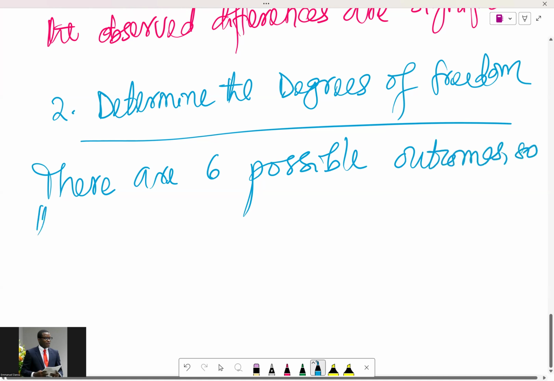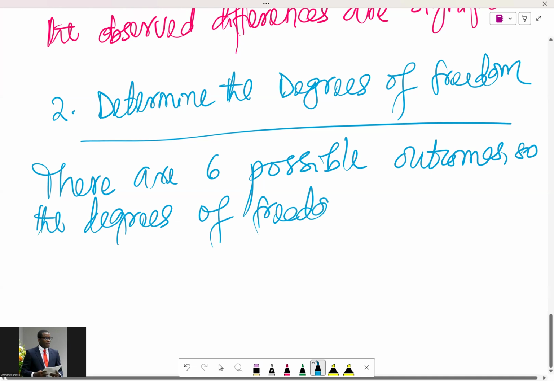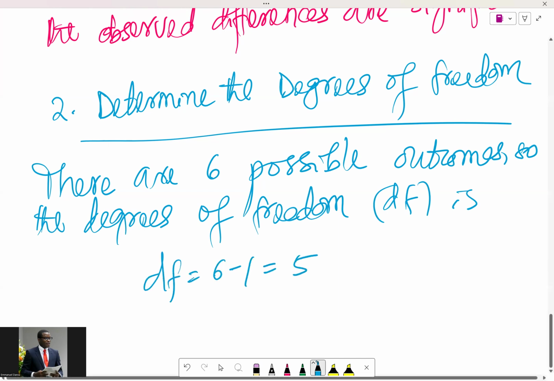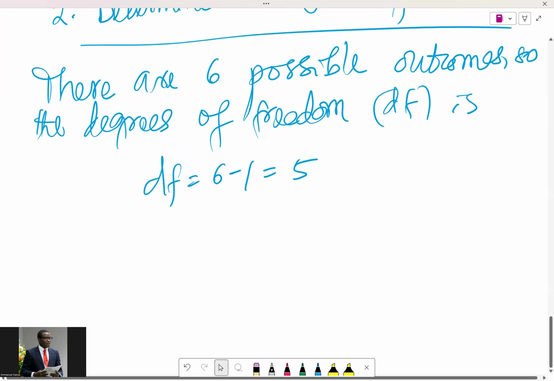So the degrees of freedom, DF, equals 6 minus 1. That is 5. So that's the degree of freedom we need there.